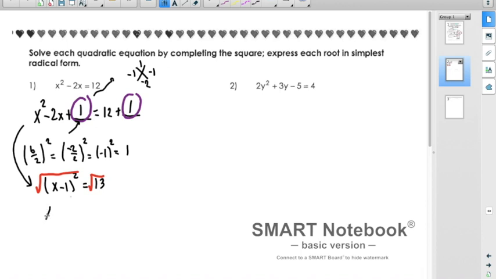You'll be left with x minus 1, because that square is gone now, equals plus or minus, don't forget that, that's going to be something you're going to have to get used to, plus or minus the square root of 13. And now just to get x by itself, we will get 1 plus or minus the square root of 13. And that's my answer.